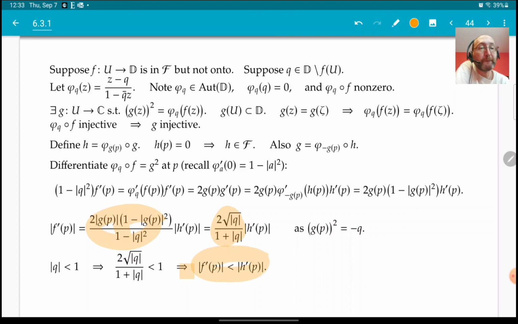Therefore, h has a bigger derivative at p than f. We're not necessarily saying that h is onto. We started with f not onto, and we have no clue about h. If you have something that's not onto, you can construct another mapping which might also not be onto. Who knows? But it's going to have a bigger h prime.